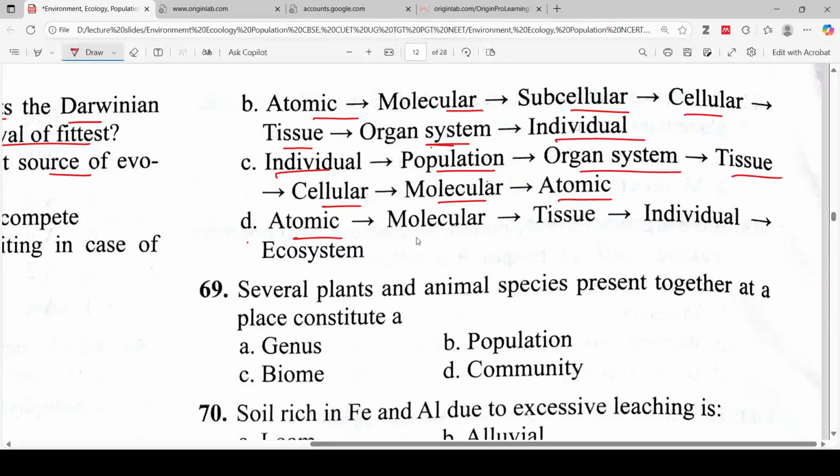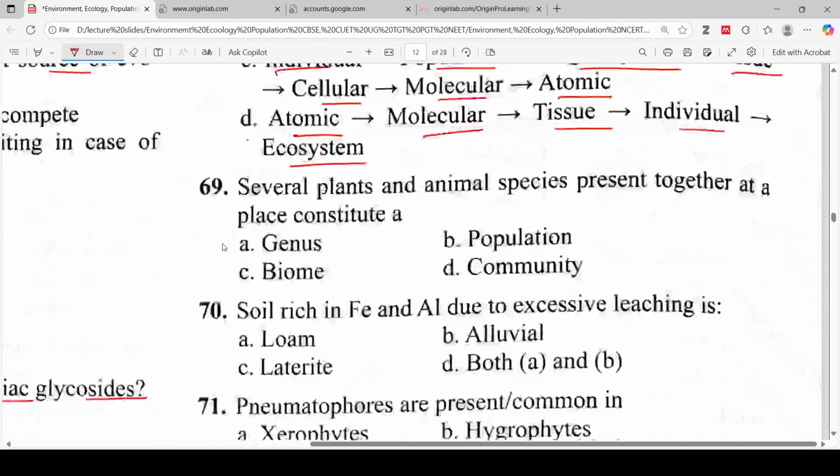Option D: atomic, molecular, tissue, individual, ecosystem. So option B will be the correct answer.